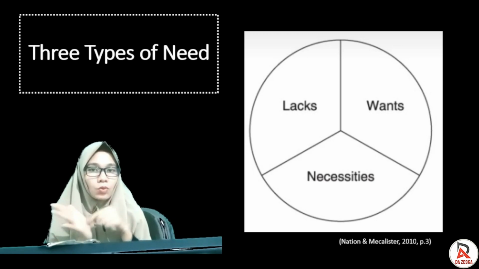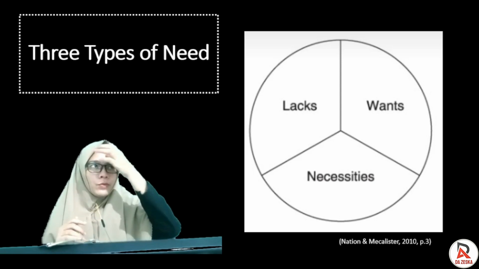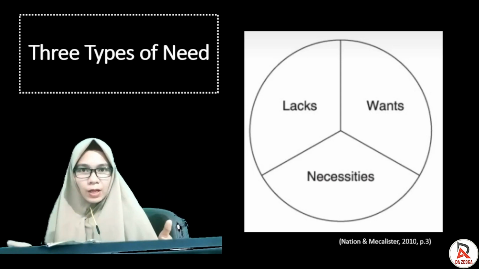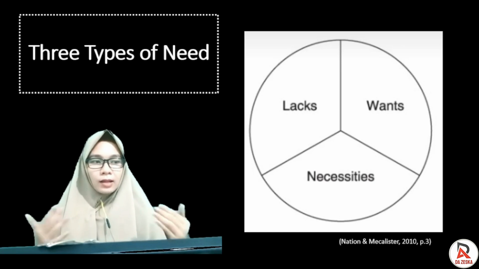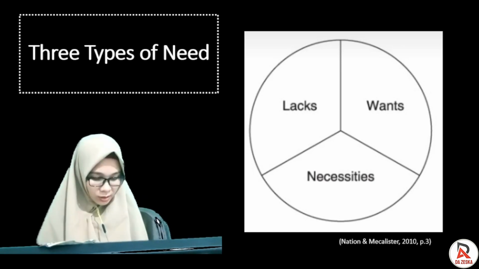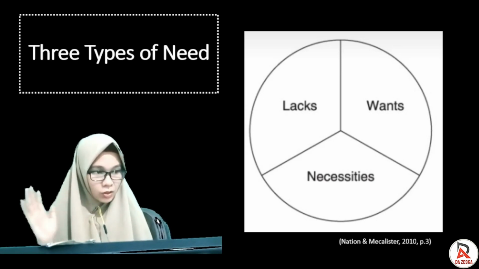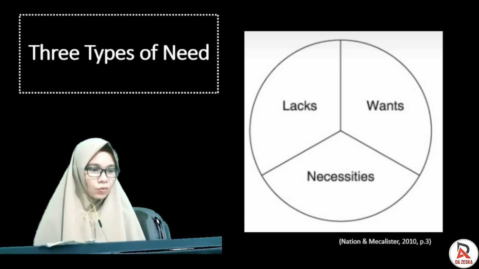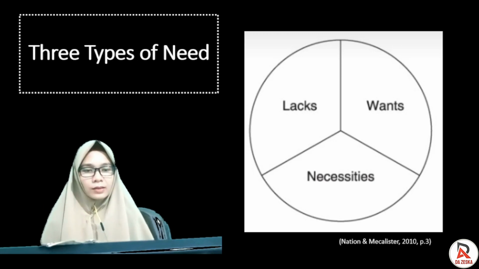And let's just say if we are asking our students about what they want, I actually had experience asking my students in the university in the previous years what they actually wanted in my class.